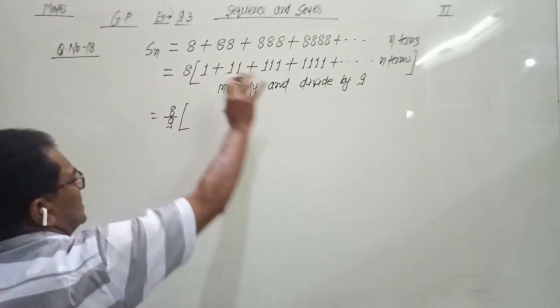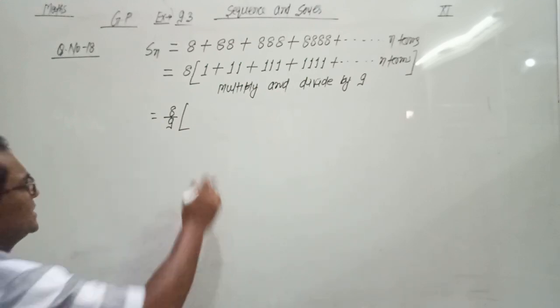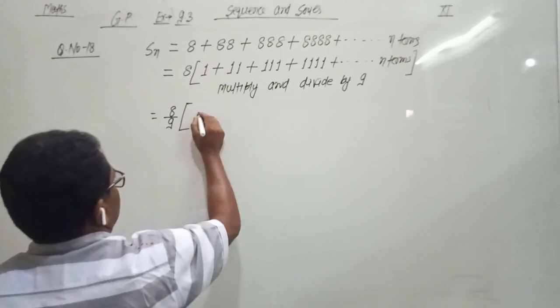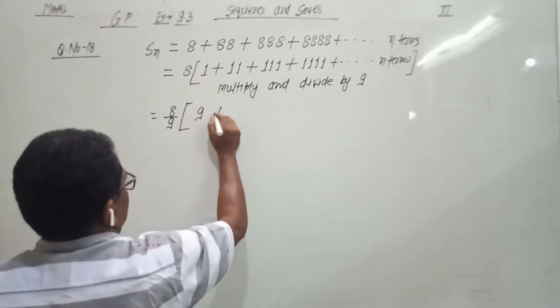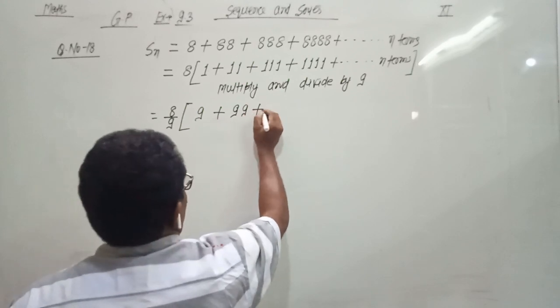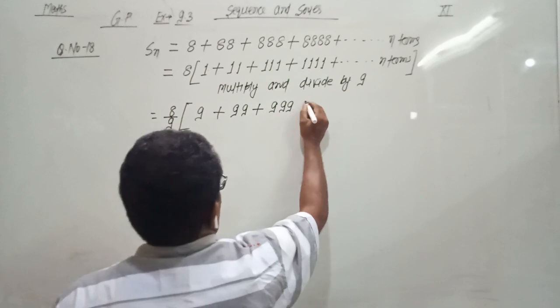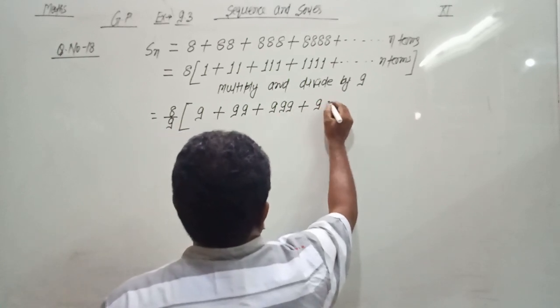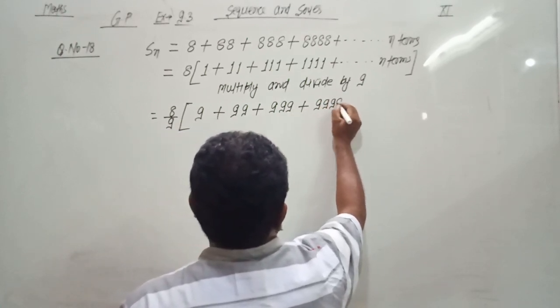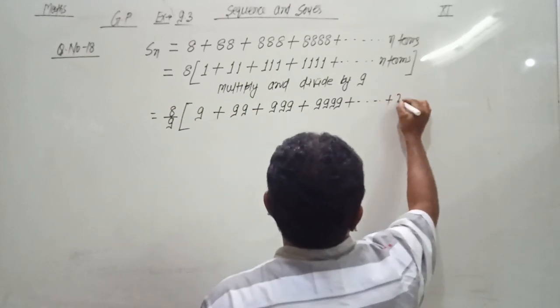We have divided the whole term by 9, now multiply the whole term by 9. So 9 into 1, we get 9, plus 11 into 9, 99, plus triple 9, plus 4 times of 9, plus dash dash up to n terms.